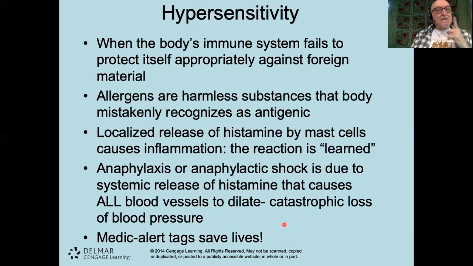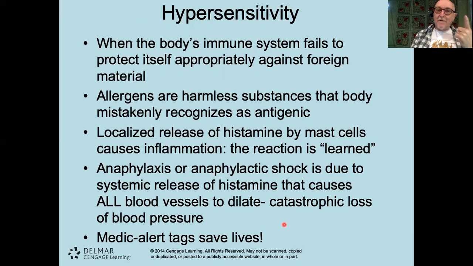What it's doing is recognizing something about the grass pollen as being antigenic. So an allergen, like grass pollen, is a harmless substance that the body mistakenly recognizes as being antigenic.